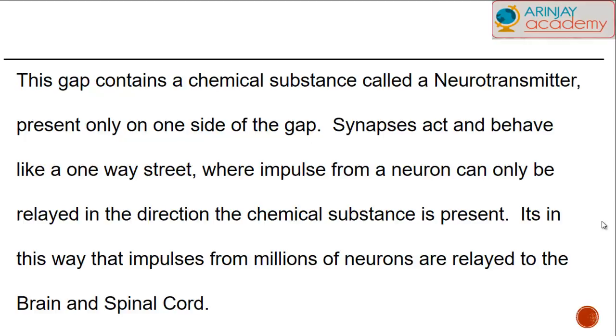So where a neuron ends and another one begins, only one side will have the neurotransmitter present within it, so that when an impulse from a neuron is sent in one direction, it will only travel in that direction. If it receives an impulse from the opposite direction, then that impulse will only come from that opposite direction.